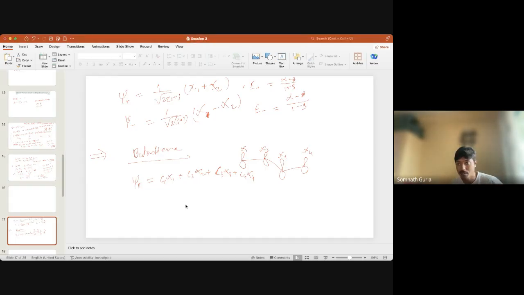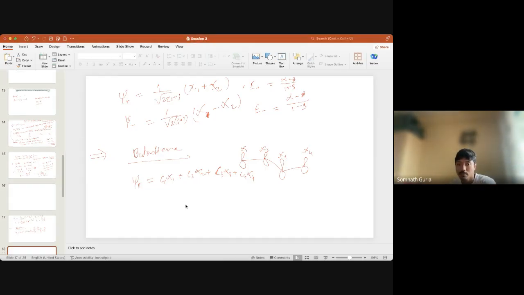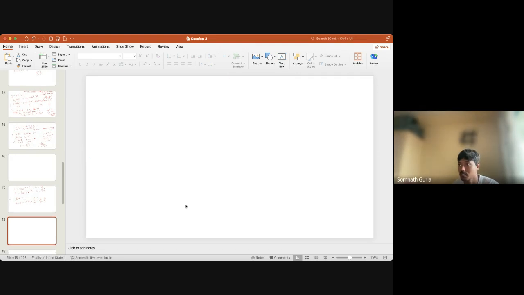Okay, with the butadiene, we know now we have to solve the determinant. So what will be the Hamiltonian H? It looks like H11, H12, H13, H14.